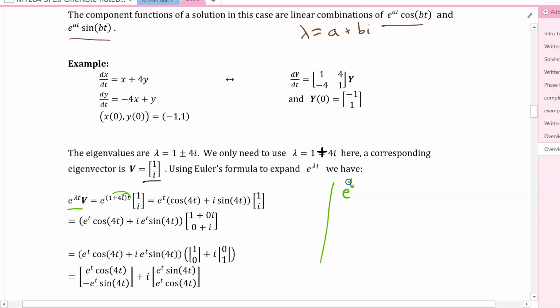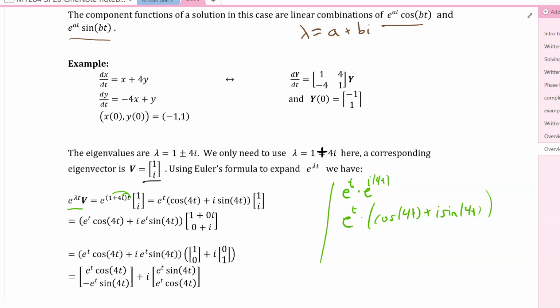That will be e to the t times e to the i 4t. Then using Euler's formula, that would be e to the t times cosine of 4t plus i times sine of 4t. And in this next step, I've distributed the e to the t through the parentheses to get the next line.